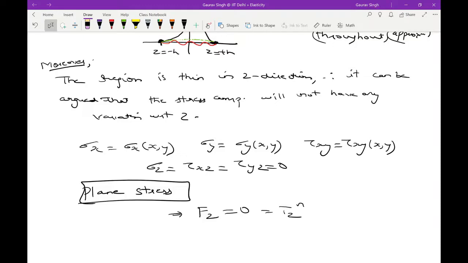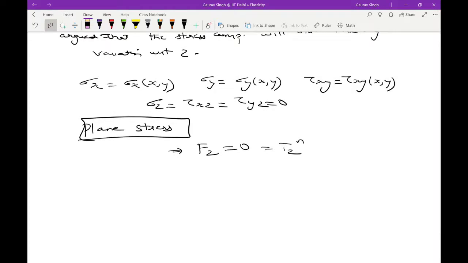Okay, now you want to use Hooke's law again, this time just the inverse one. So let's write out Ex is equal to 1 by E into sigma x minus nu sigma y. Ey is equal to 1 by E into sigma y minus nu sigma x.